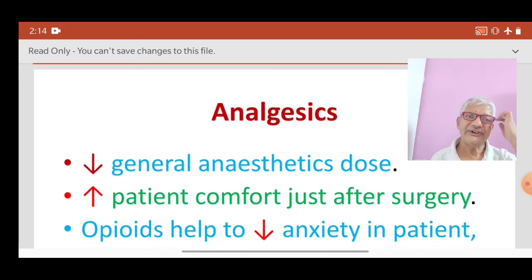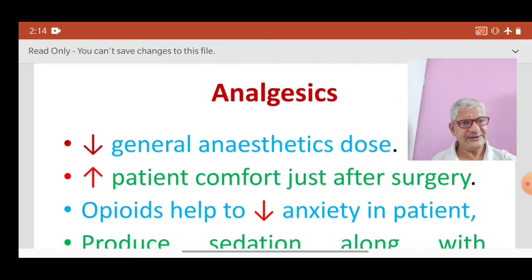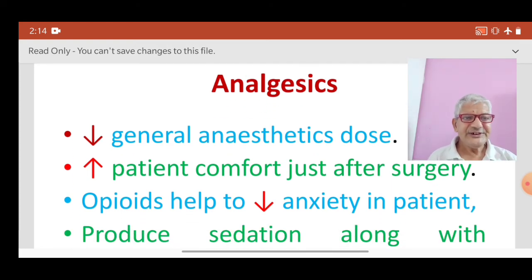First category of drug is analgesic. These drugs helps to reduce dose of anesthetic drugs. Patient feel comfortable just after surgery. He will not feel pain due to different surgical procedure on his body.